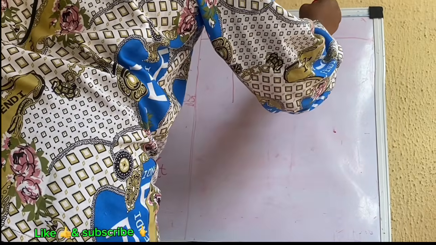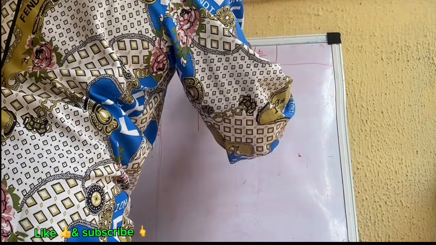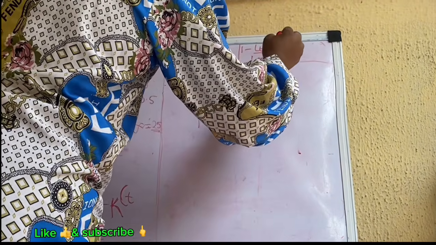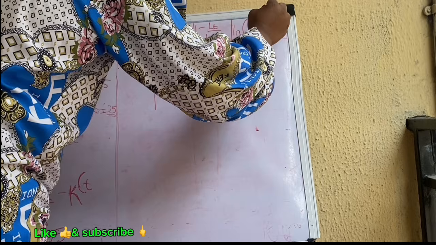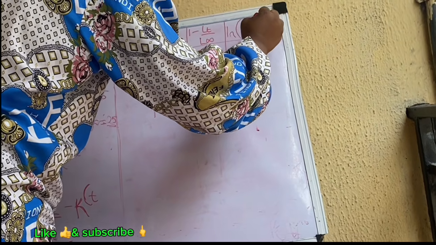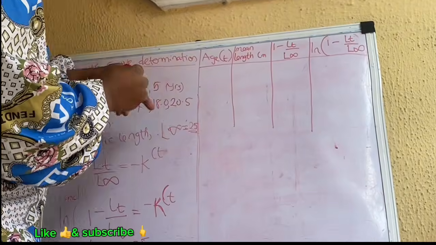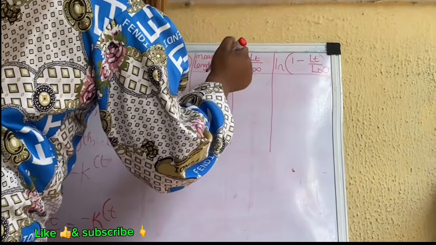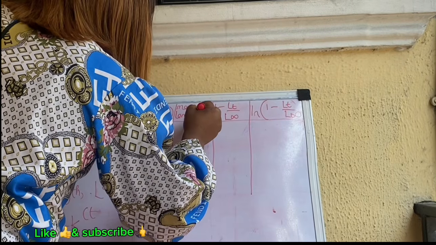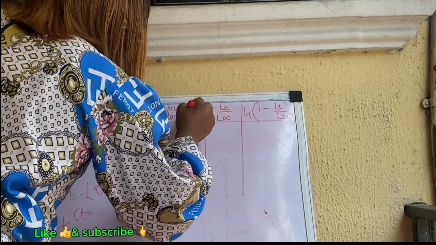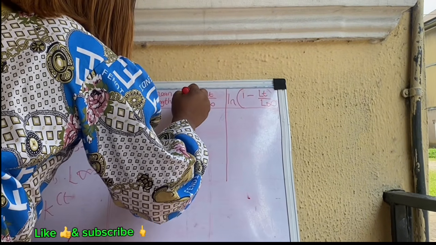Then you have the second one, ln of 1 minus Lt over L asymptotic. This mean length can also be called the Lt.